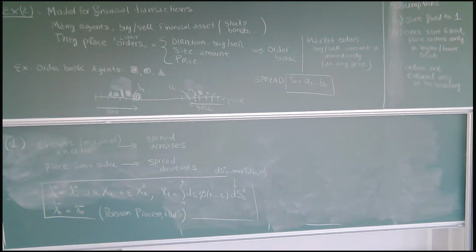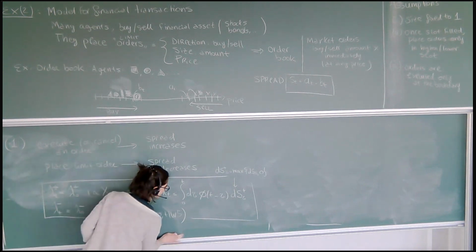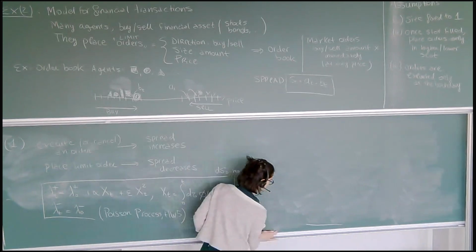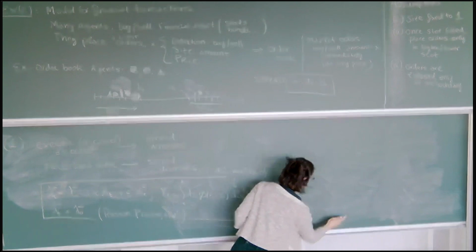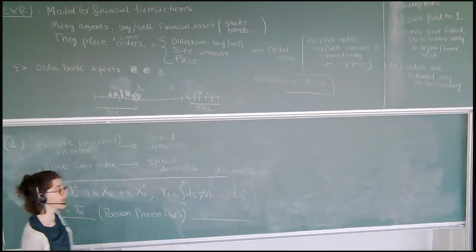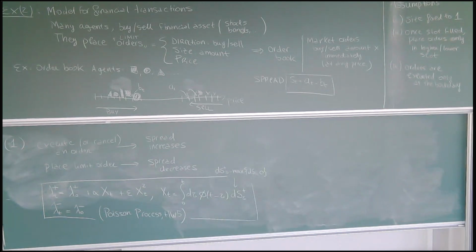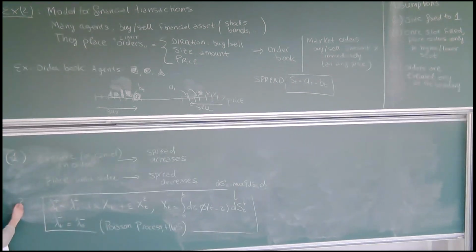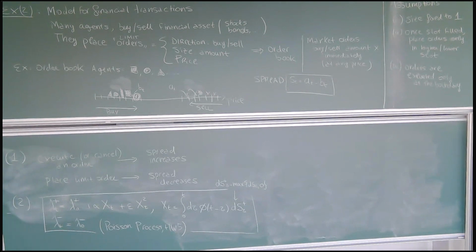Now, what are we interested in? Well, we want to understand whether these models can give rise to crisis, and how we can understand how these crises occur. So this was point 2 of the exercise.